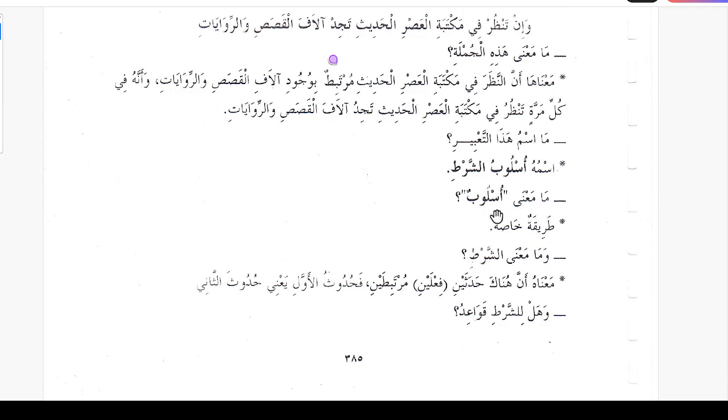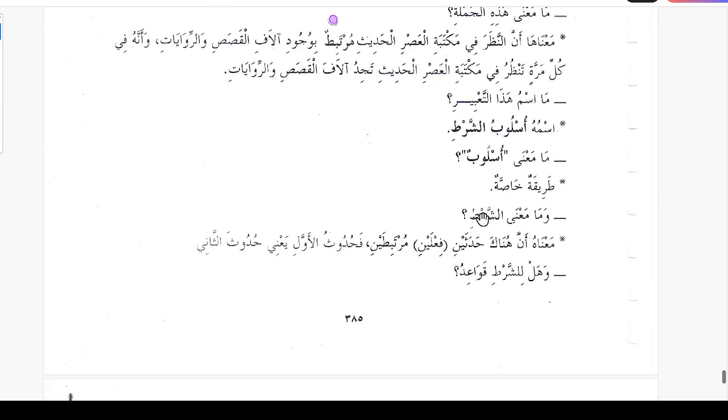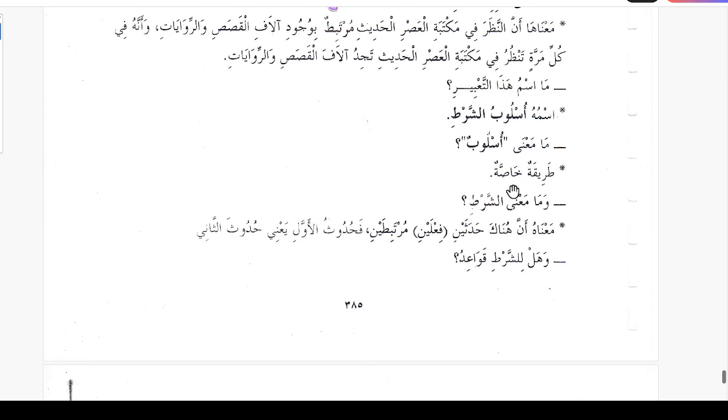Ma ma'na uslub? What is the meaning of uslub? Uslub means tariqatun khassah, the special method. Uslub means the special way of doing something, a special method.